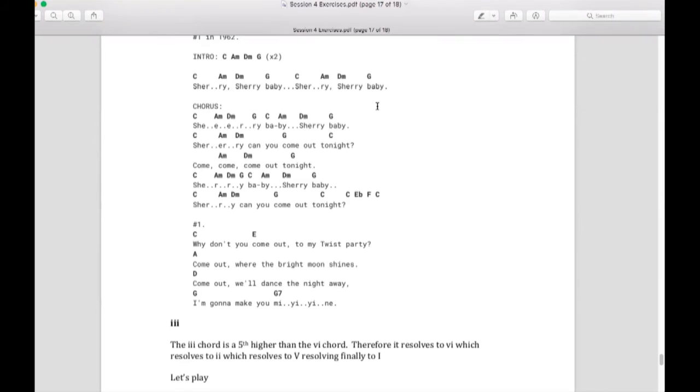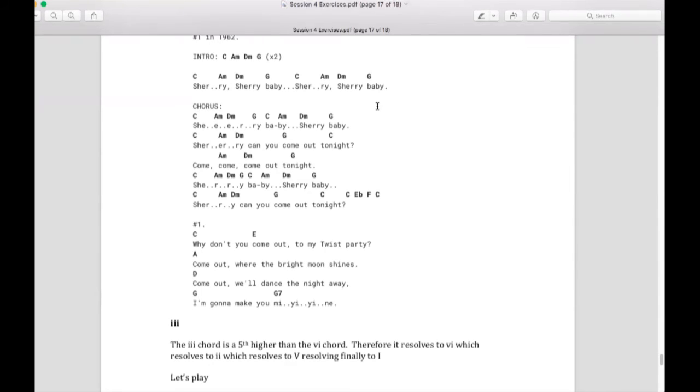Sherry, baby, sherry. Sherry, baby, sherry, can you come out tonight? Come out tonight. Sherry, baby. Sherry, baby, sherry, can you come out tonight?